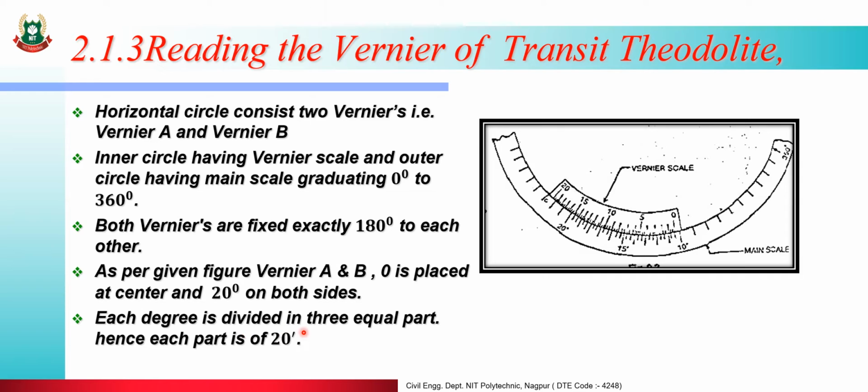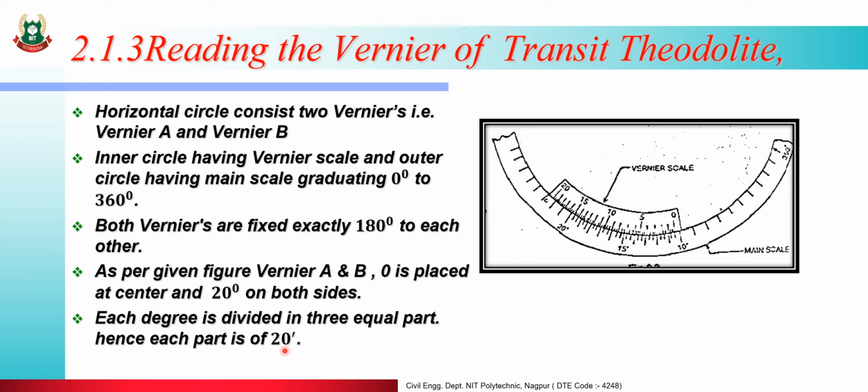Each degree is divided into three equal parts. Suppose 0 to 5, so this is 5 degrees, but these two lines indicate 1 degree. So 1 degree is divided into three equal parts, hence each part is 20 minutes.